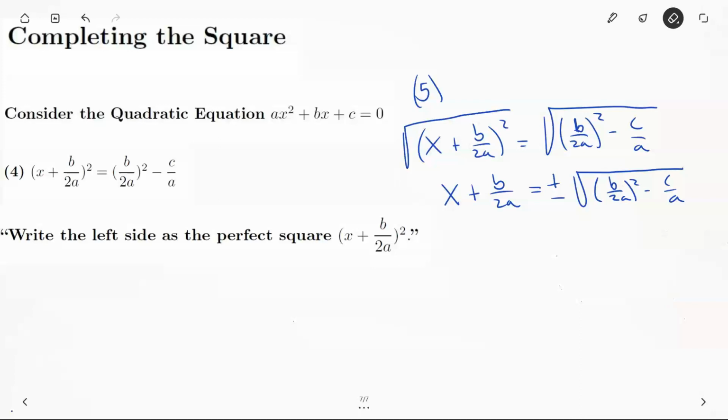And on the left-hand side, notice I took the square root of a square. Remember, if I have x squared and I take the square root, that will give me back x. So the square root of a square, you just go back to where you started from underneath the square. That works itself out. Written nice and neat for step 5, here's what we have.